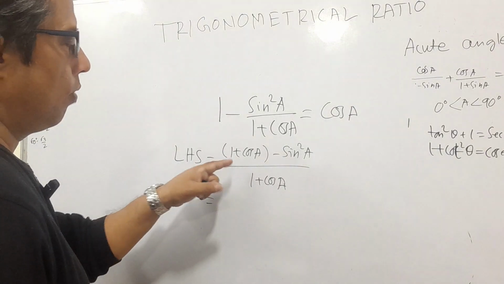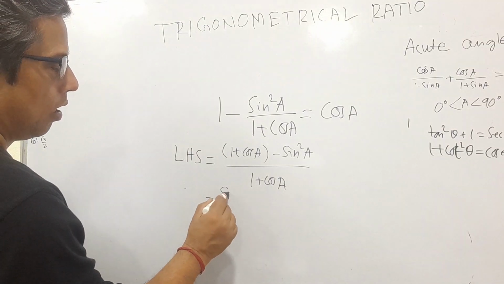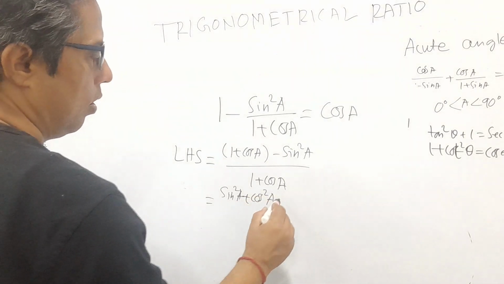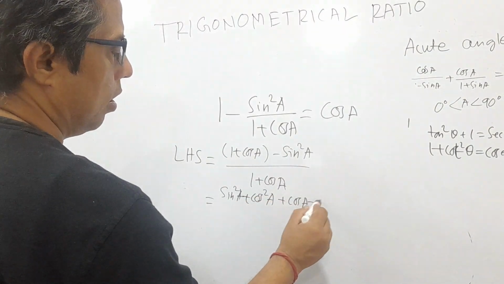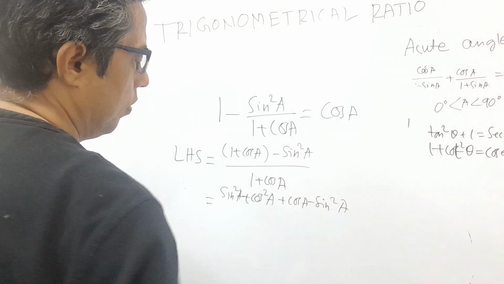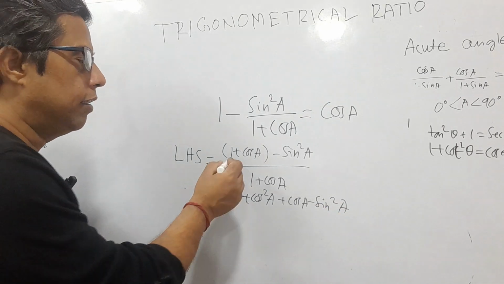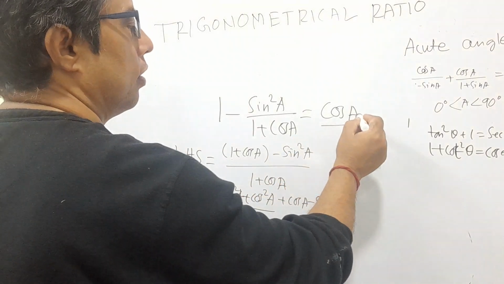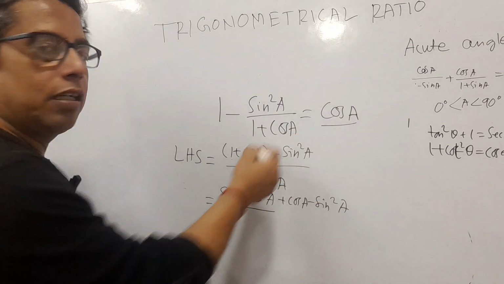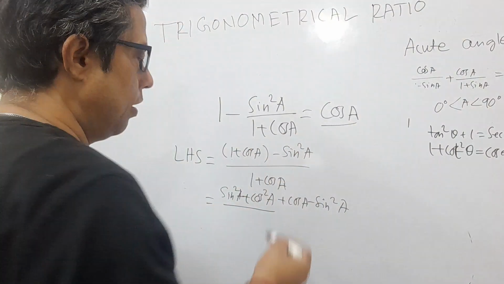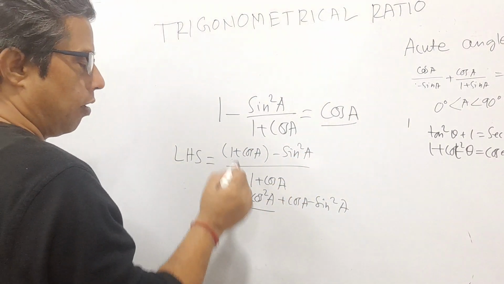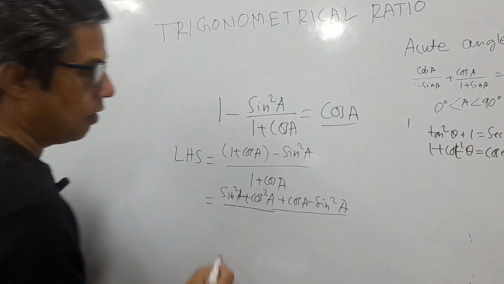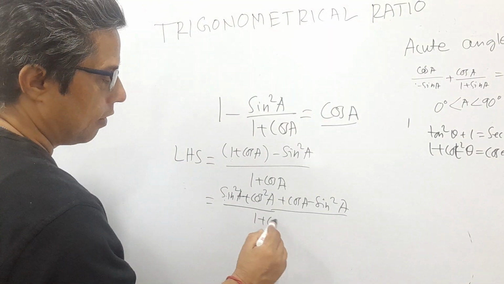So if I take 1, I replace 1 by sin square A plus cos square A, then plus cos A minus sin square A. So the question is, why am I replacing this 1 with this? Because my target is to reach cos A. So I have to eliminate sin square A or sin related functions. So I have used this 1 as sin square A plus cos square A. So sin square A minus sin square A, so sin square A will vanish.